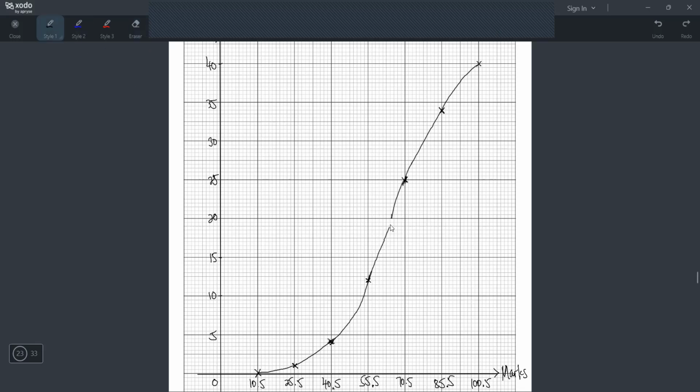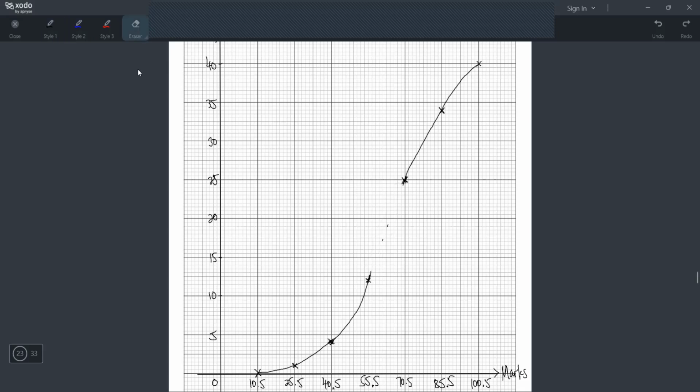Let's make it straight. Okay, I'm just going to redraw the whole thing. Okay lah, I think it's good enough already.